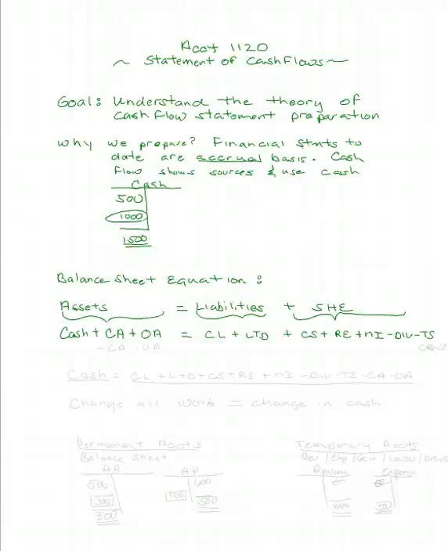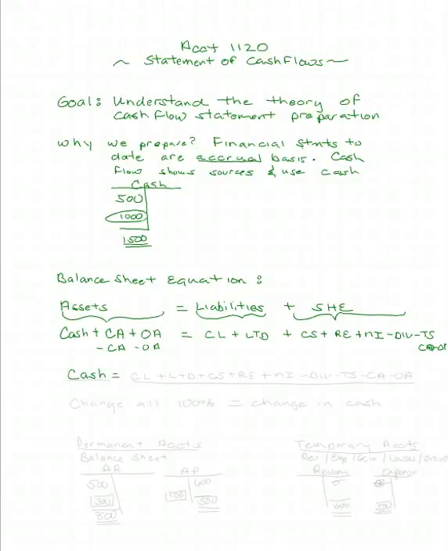Now I'm going to isolate cash. You only need to know a little bit of algebra for this, not much. Enough to know that if you subtract current assets from one side, you have to subtract them from the other, and other assets from one side, you have to subtract them from the other. And what we'll end up with is cash on one side of the equation.